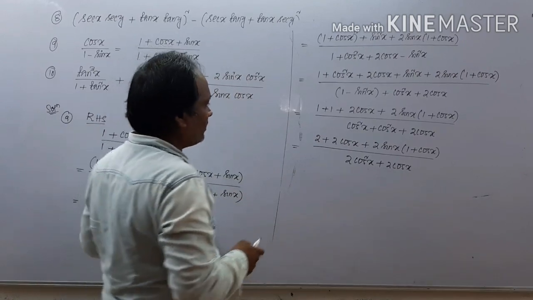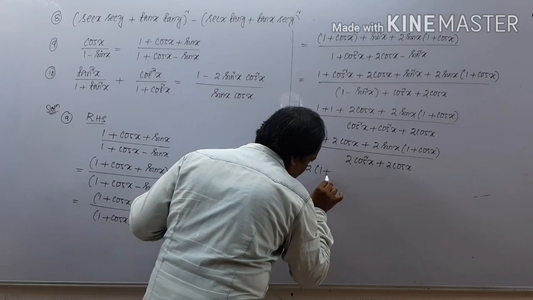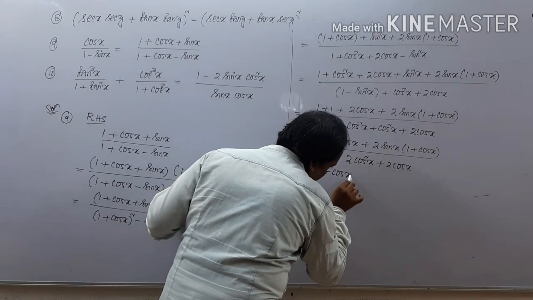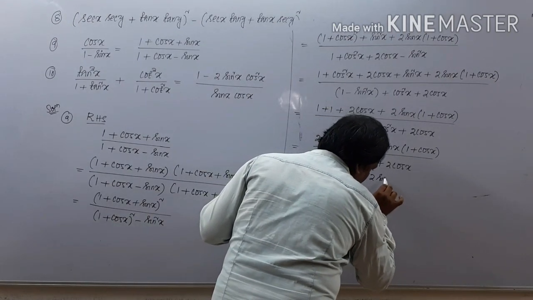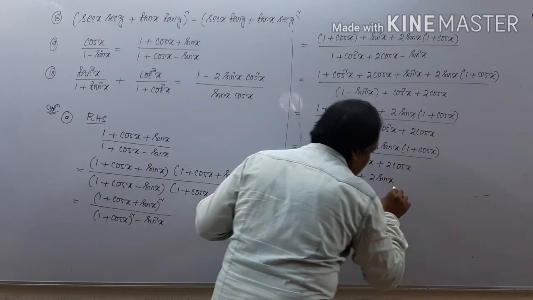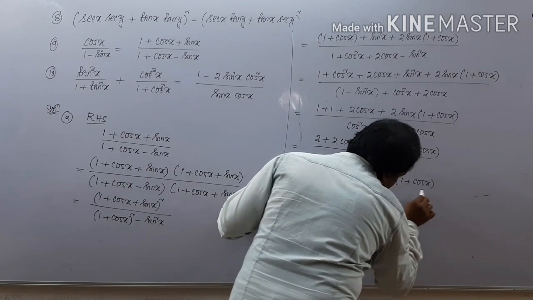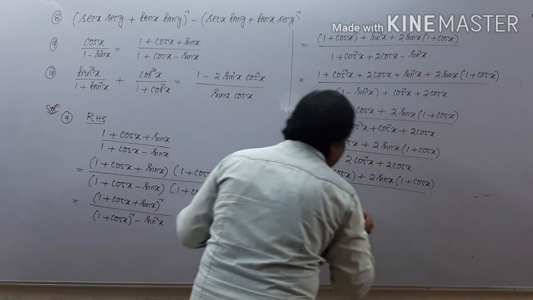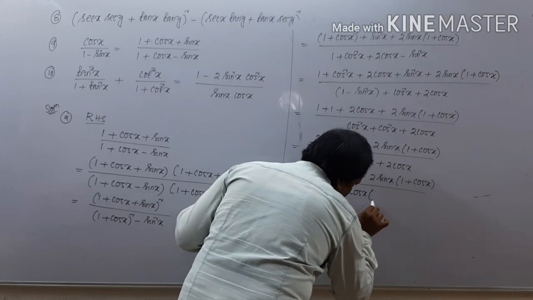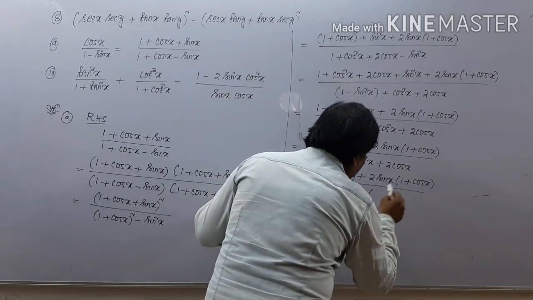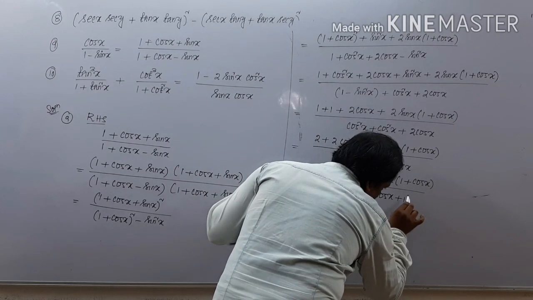So clearly I will take 2 common, so this will be 2 multiplied to (1 plus cos x) plus 2 sin x multiplied to (1 plus cos x), whole divided by, here I will take 2 cos x common, so this will become cos x plus 1, right?